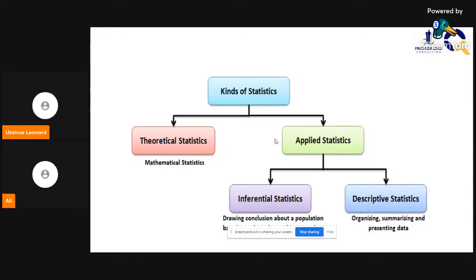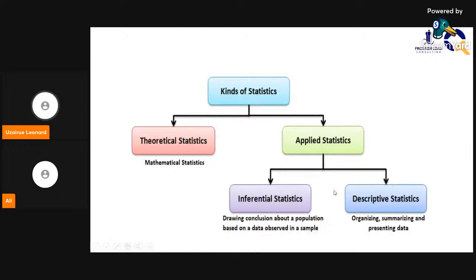Now, under applied statistics, we also have two levels. We have what we refer to as descriptive statistics. From the word descriptive, it means the aspect of statistics that has to do with describing, organizing, summarizing, and presenting your data.